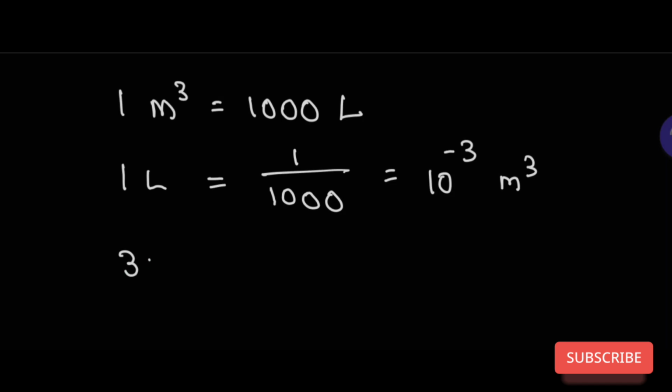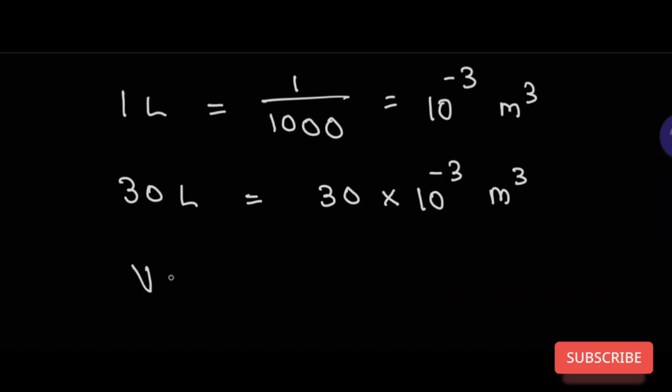So 30 liter of oxygen is equal to 30 multiplied by 10 to the power minus 3 meter cube, which gives V is equal to 0.03 meter cube.